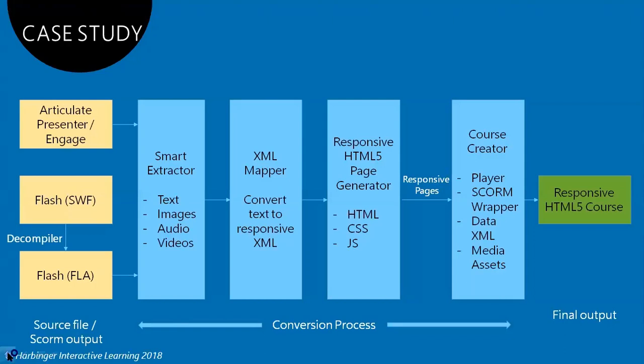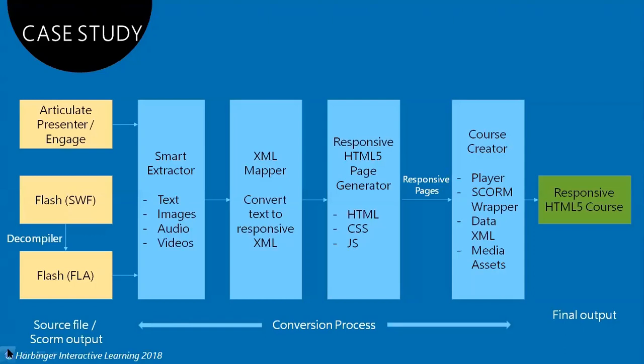And once we have the templates and once we have extracted the content from the legacy courses, we have to map the content to the new template that we have designed as per the change logs. That content mapping also happens through an automated utility.